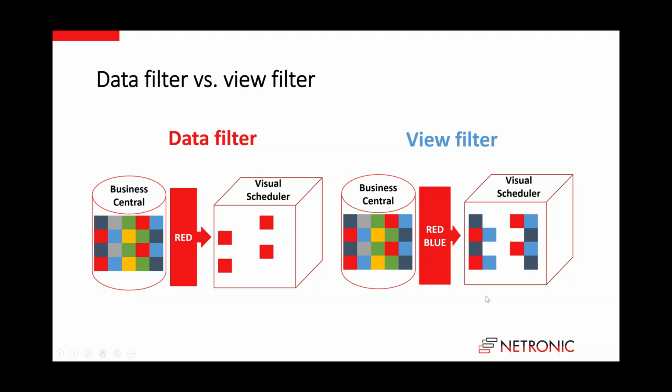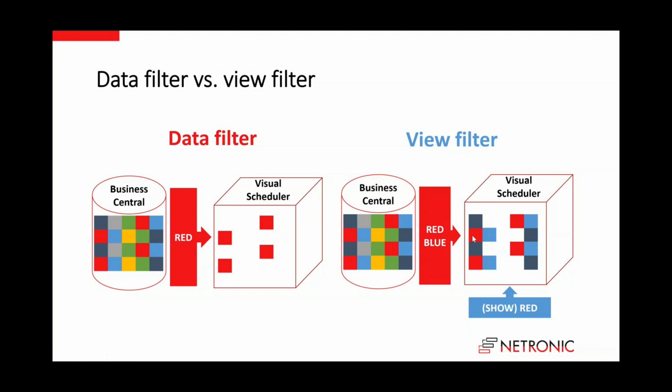And then once the data is in the visual scheduler, then you can apply a view filter to it. So now I can say, okay, I only want to show the red ones. So I don't want to see the blue ones, the dark blue and the light blue ones. This is loaded.